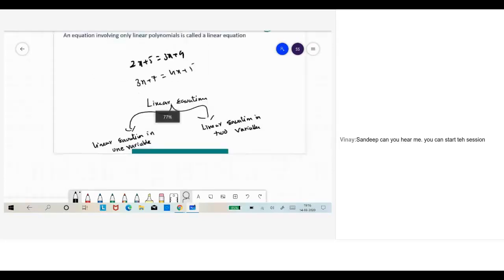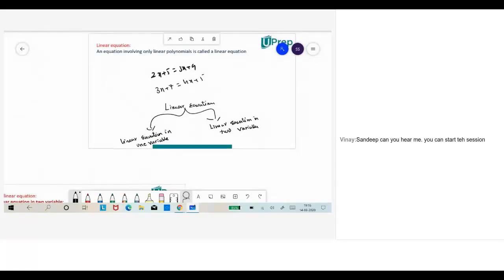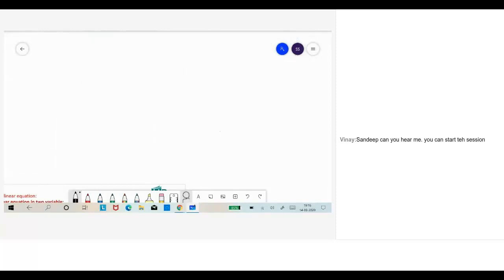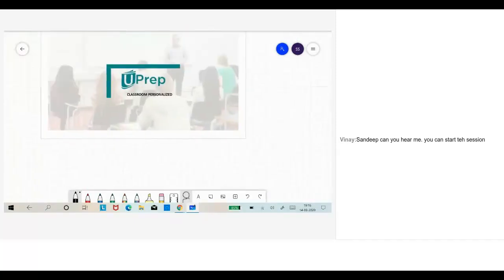One is called linear equation in one variable. The second one is called linear equation in two variables. At this level, this is what you need to understand. Whatever you have understood so far is called linear equation in one variable.